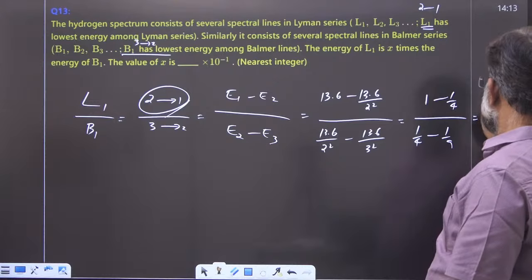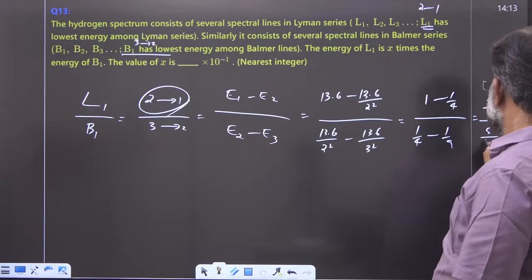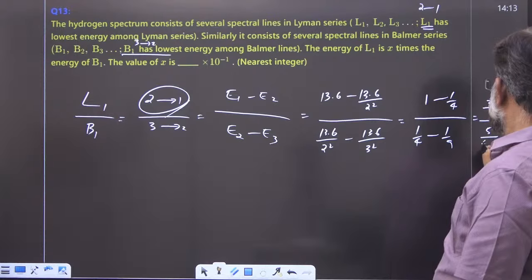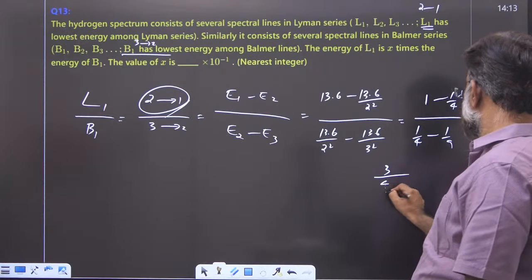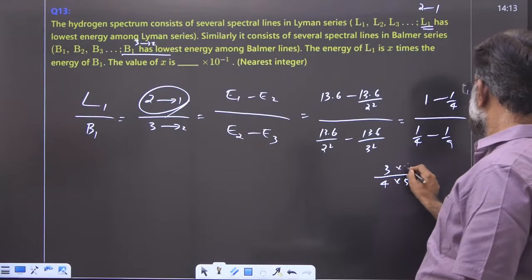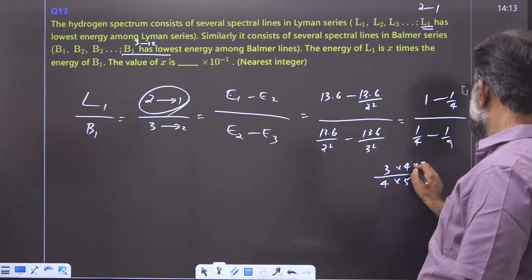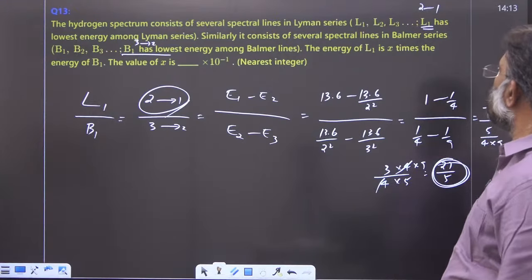That is 3 by 4. Here what comes? 5 by 4 into 9. So it is 3 by 4. The 5, 4, 9, this got cancelled. So it is 27 by 5.